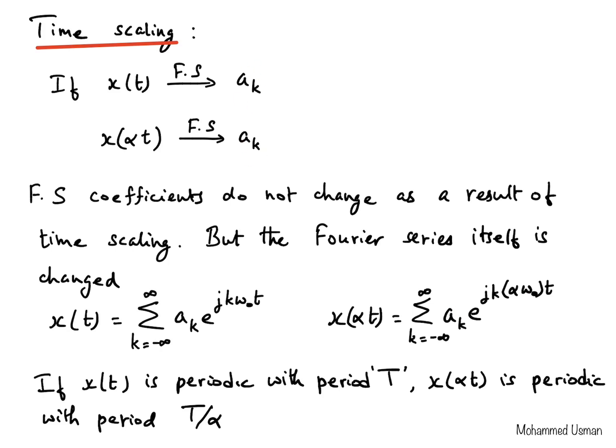While the coefficients themselves do not change, the fundamental harmonic is different for x of t and x of alpha t. So the time scaling operation does not alter the Fourier series coefficients, but it changes the Fourier series itself, because those coefficients now represent different harmonic components compared to the original, unscaled signal.